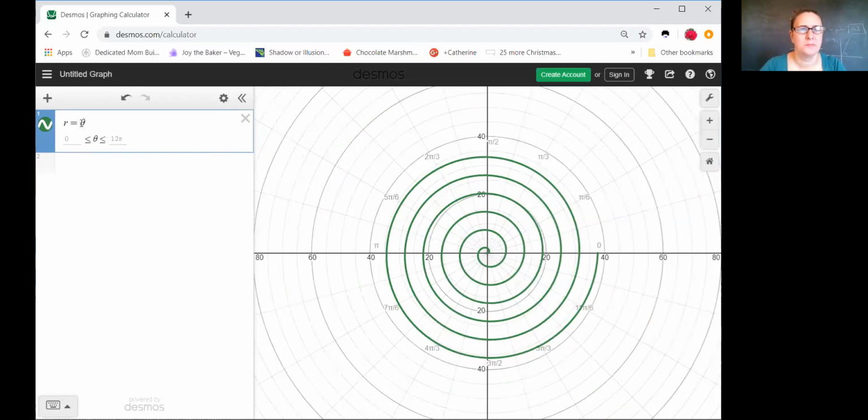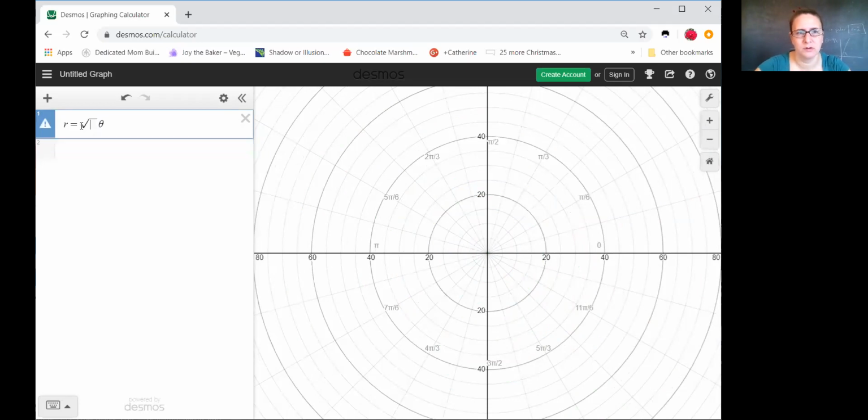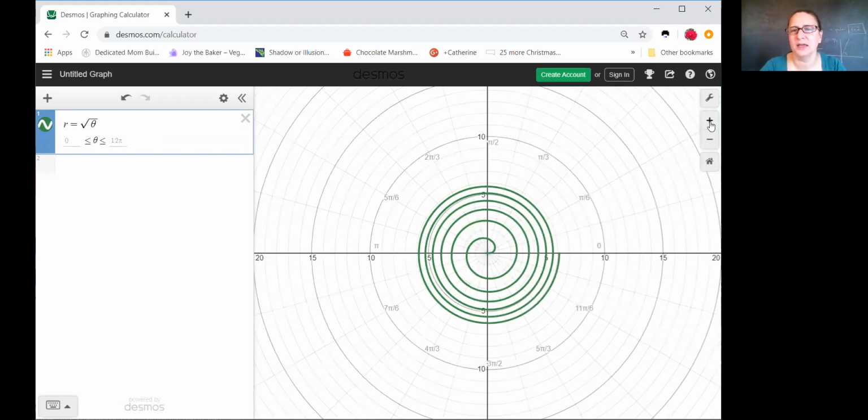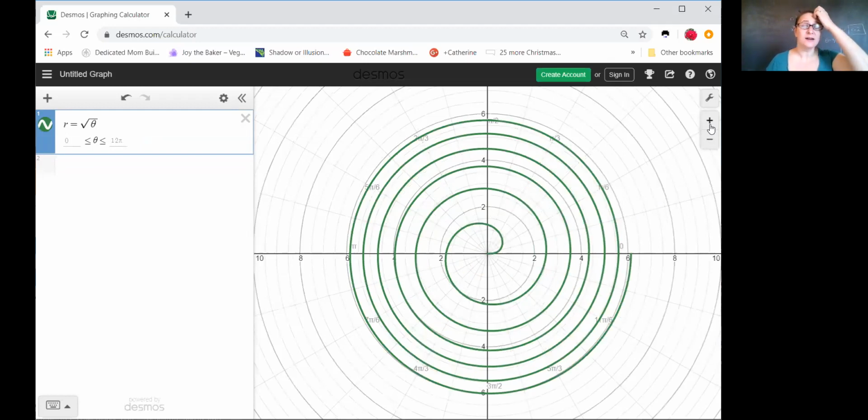If I want it smaller, of course, I could do square root. That didn't work. Oh, now it's too small. We can't see it. So we're going to zoom that in. But you can get these different kinds of more interesting curves.